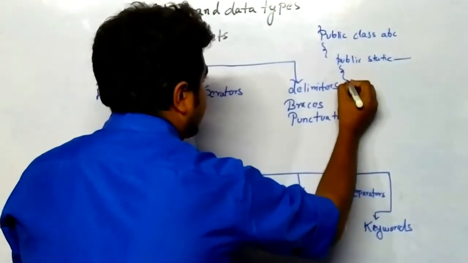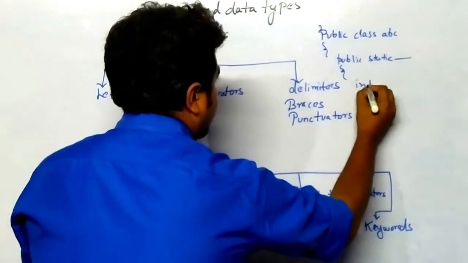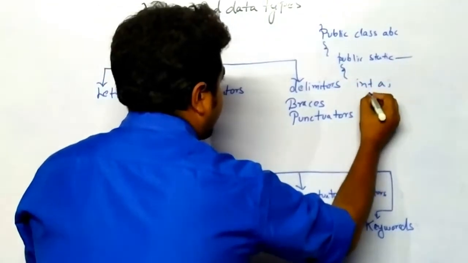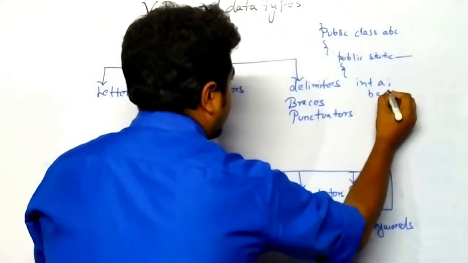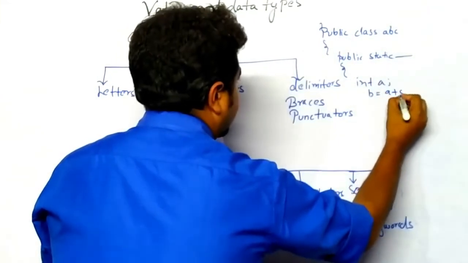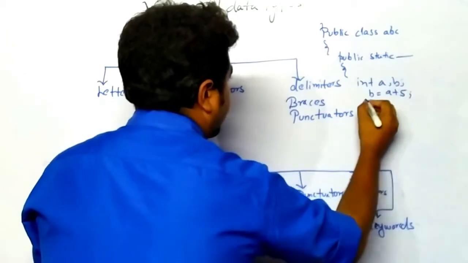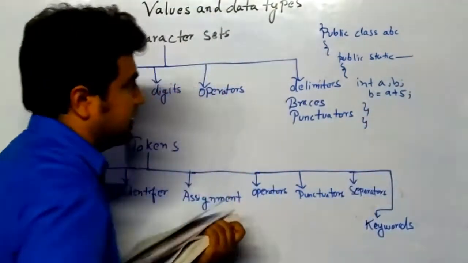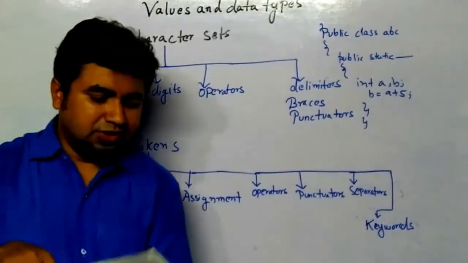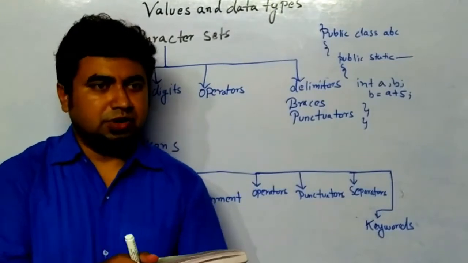Then you use variables, like b is equal to a plus 5, and I have to initialize b here also. So this program is a combination of many statements.